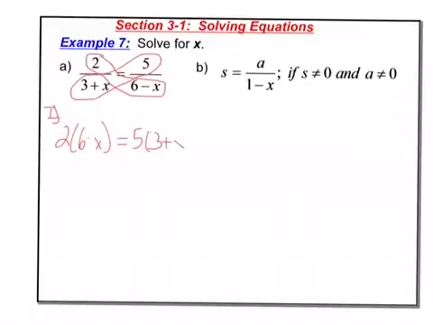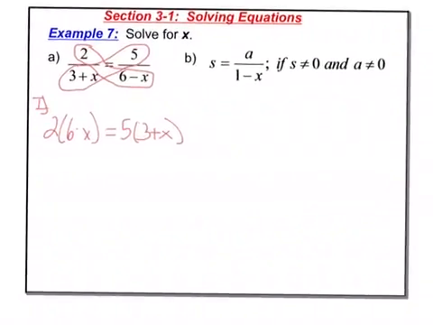Okay, and then from there, one way that the book describes this is we take a problem that had a bunch of fractions, and we made it into a simpler problem. So by changing what was a proportion into an equation that looks similar to any other equation that we've solved, it's going to be a lot easier to solve.